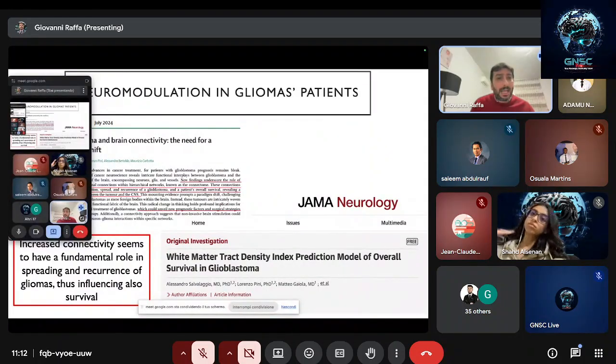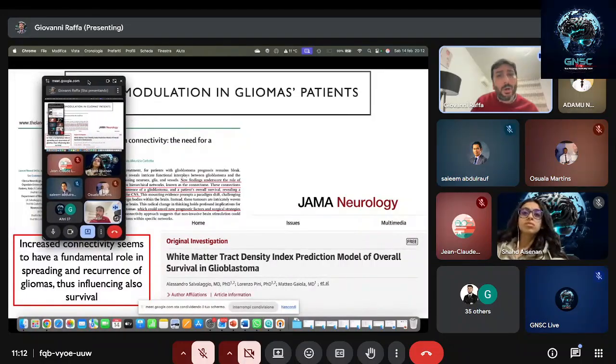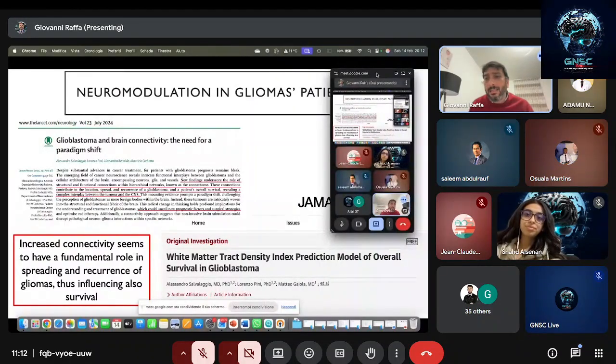And now the last question that I want to talk about is a novel aspect of the use of NTMS in our neurosurgical patients. There is very recent evidence that the connectivity around brain tumors has a fundamental role in the spreading of gliomas.